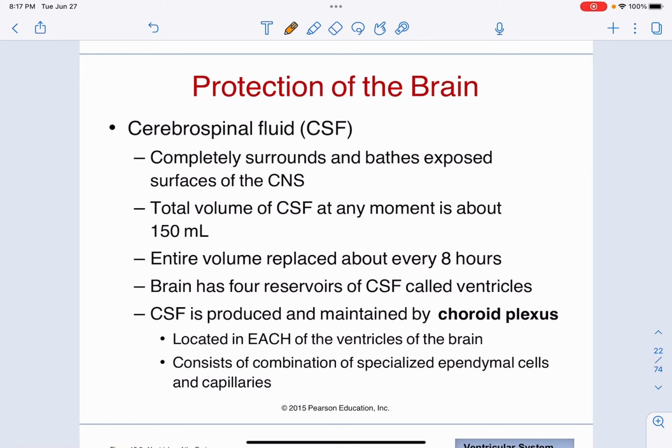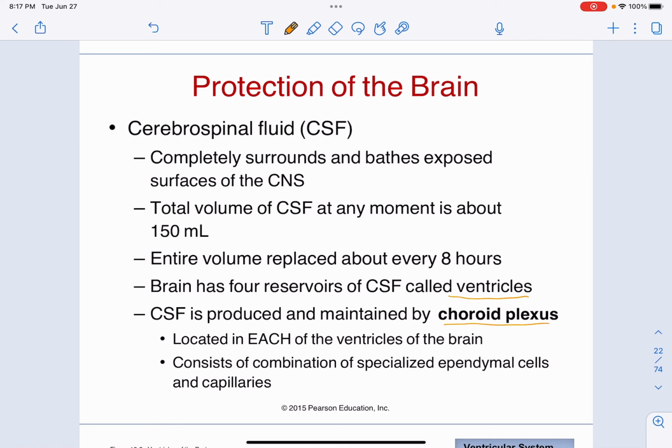So there are several reservoirs that hold this cerebral spinal fluid and produce it. And these are called ventricles. So the brain has 4 of these ventricles. And they also have a tissue inside the ventricles which make up the choroid plexus.